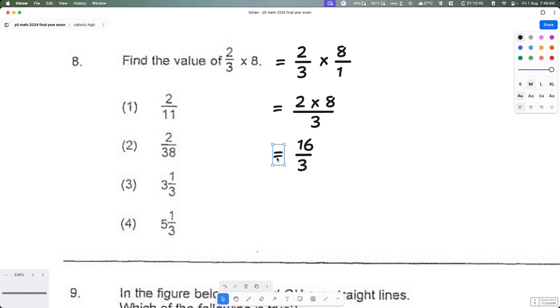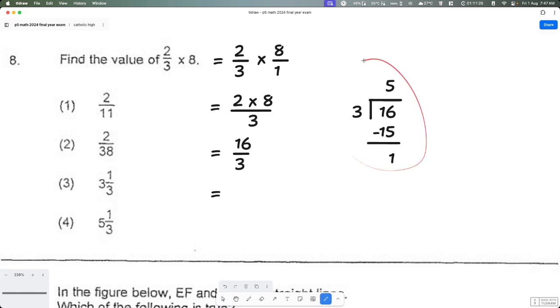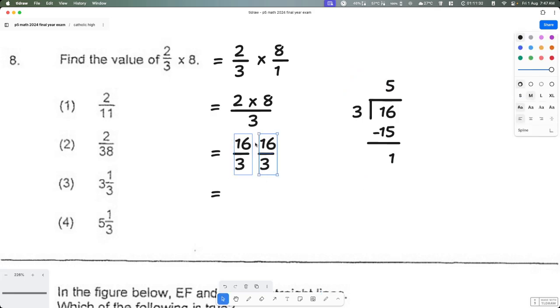So if you need to put in our workings, it will look something like this. So you see when we divide, it is basically 5 remainder 1. So in this case, what we're going to do is we'll have the whole number. So I'm going to put this as maybe pink, right? So this should be 1. Okay, I don't think I can. Okay, I can actually.